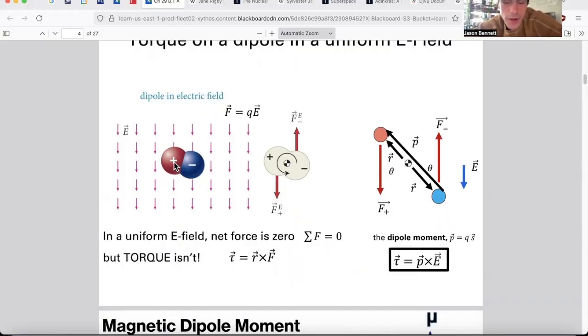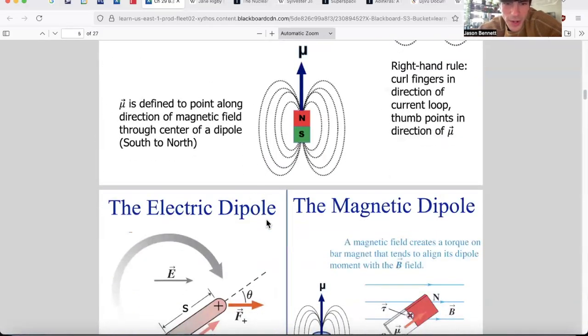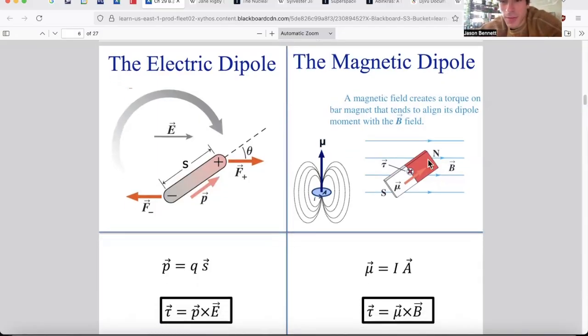Or I'm sorry, completely wrong. Reverse those. Positive goes down, negative goes up. Where's that slide up there? Oh, here we go. So an electric dipole orients with the electric field, spins that way, clockwise. And same thing with a magnetic dipole, it orients to the external magnetic field.